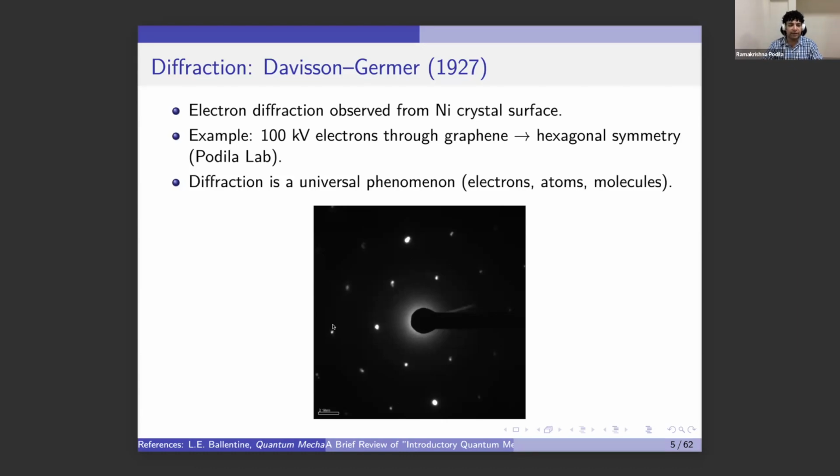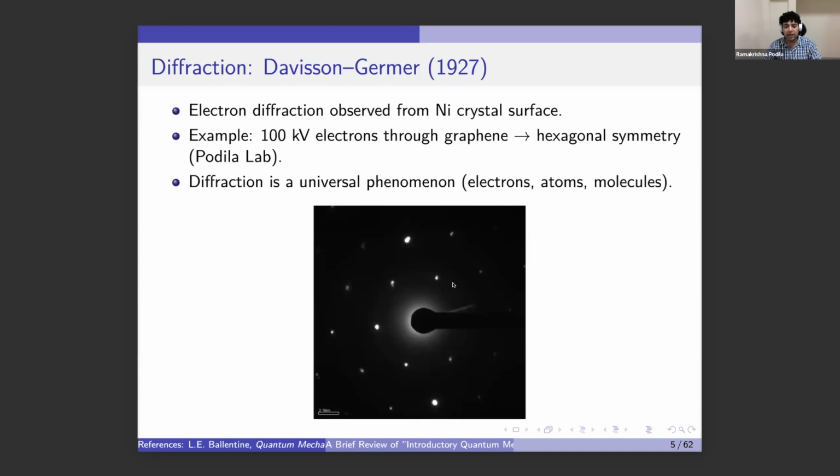But this diffraction was observed, and that was a very shocking observation that required different analysis compared to the classical models of physics. For example, here I put an image from my lab where we did electron diffraction on a single atomic sheet of graphene. Graphene is a one-atom-thick carbon lattice, which has a hexagonal pattern, and you can see the hexagonal pattern here.